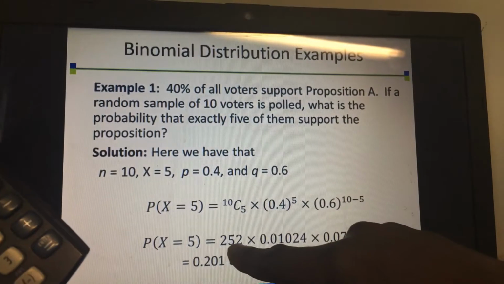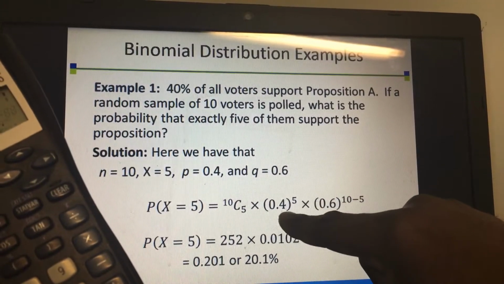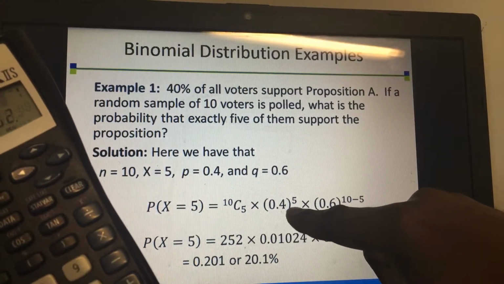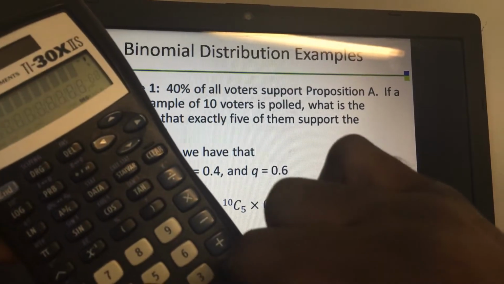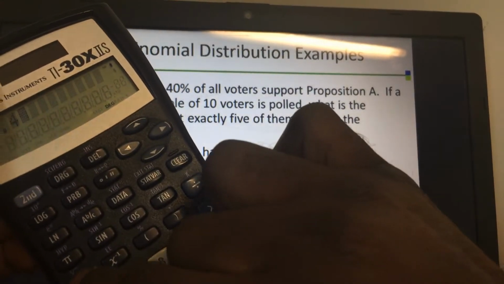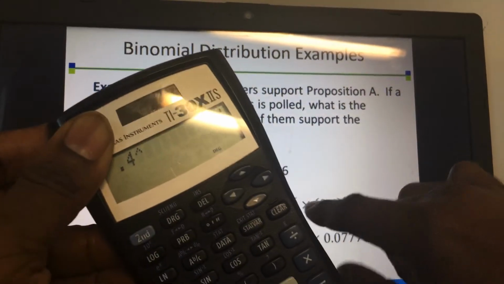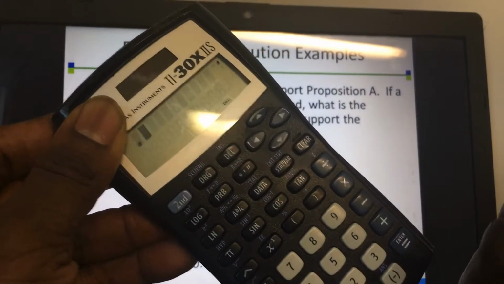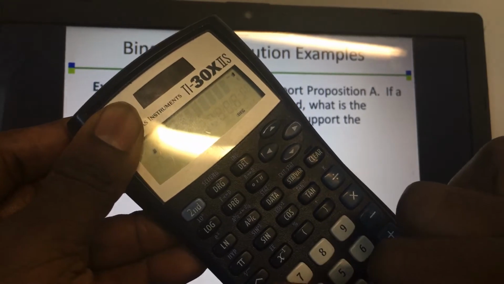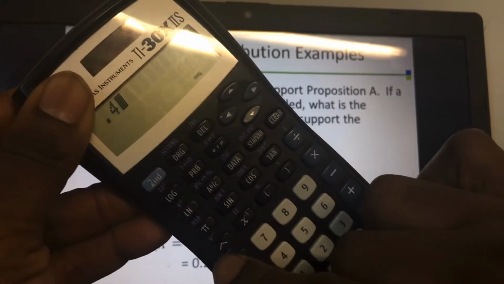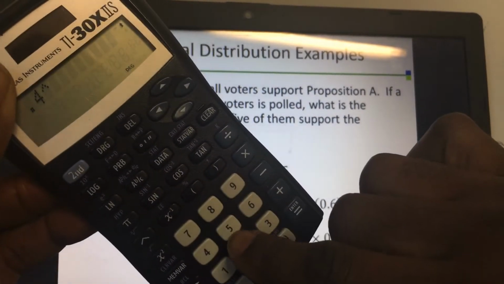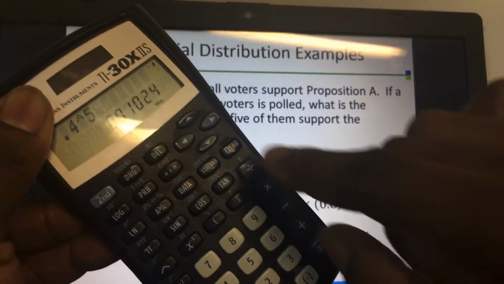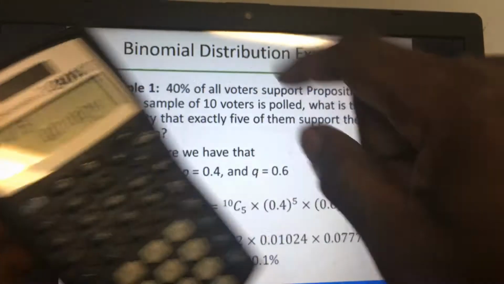Now, times 0.4 to the power 5. This is the key for raising to the power, then 5, equals 0.0102, you can see right there.